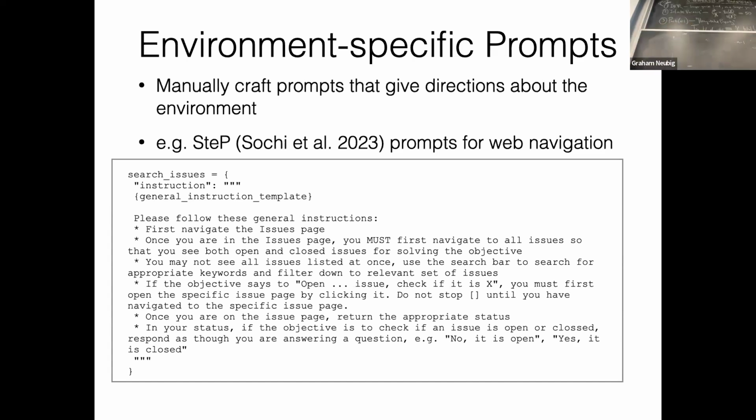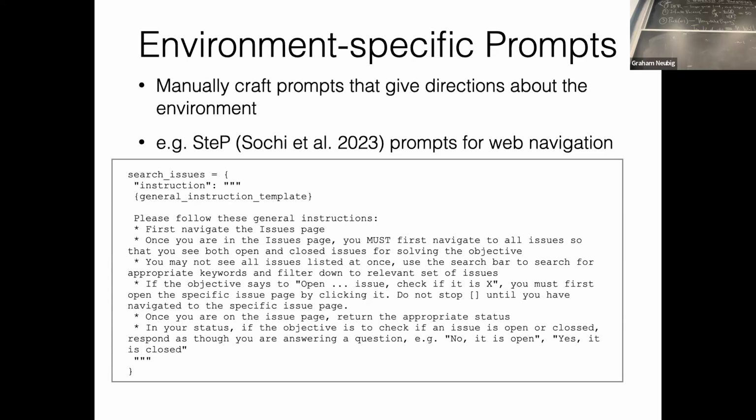I know this is small, so I can read it. It says, this is the search issues policy on GitLab. Please follow these instructions: navigate to the issues page. Once you are in the issues page, you must first navigate to all issues so that you see both open and closed issues for solving the objective.